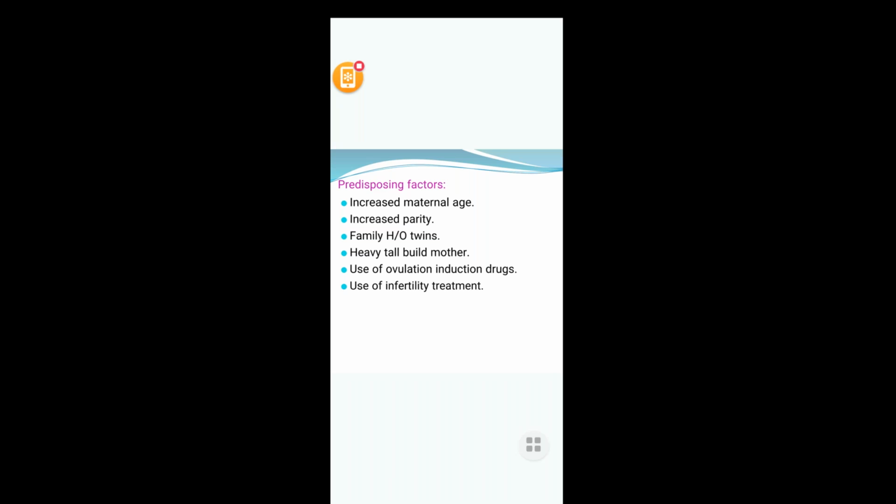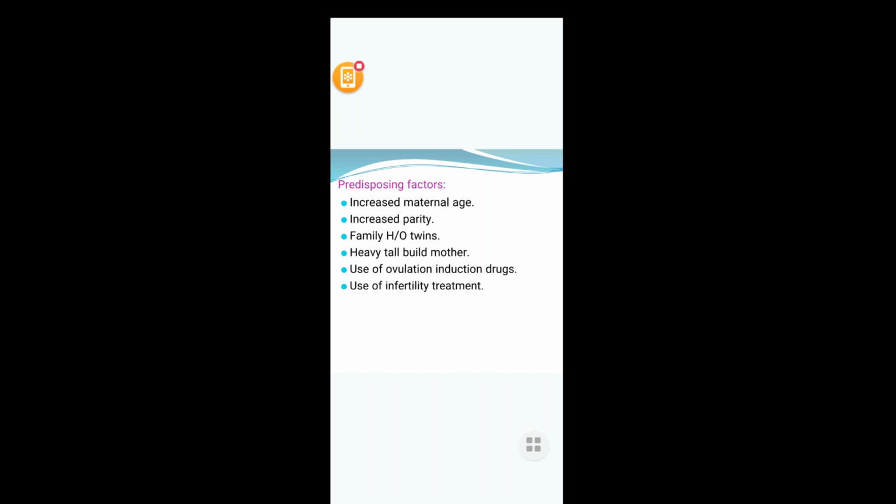Increased maternal age. If the age of the mother is more than 35, there are chances of her going for infertility treatment or getting stimulated, or an imbalance in the hormones might result in a twin pregnancy. Increased parity, because of more release of ovums.